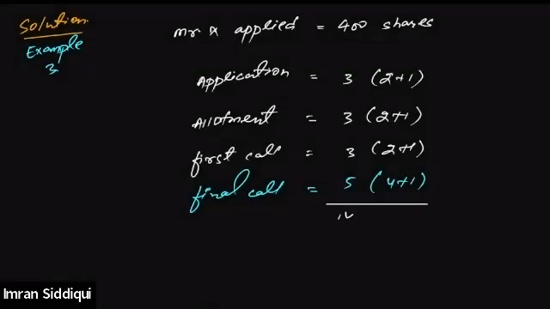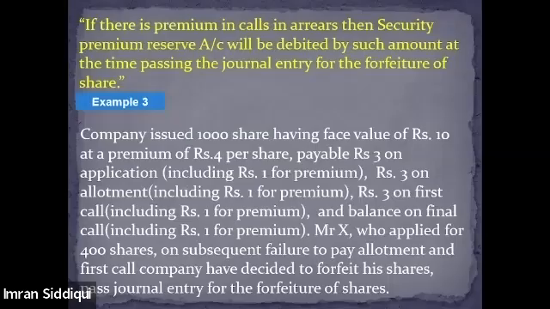So total face value is 10 rupees plus securities premium of 4 rupees. Now the question says that Mr. X, who has applied for 400 shares, on subsequent failure to pay allotment and first call, the company has decided to forfeit his shares.